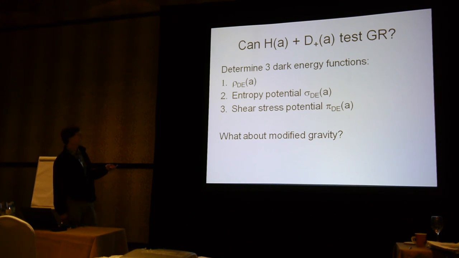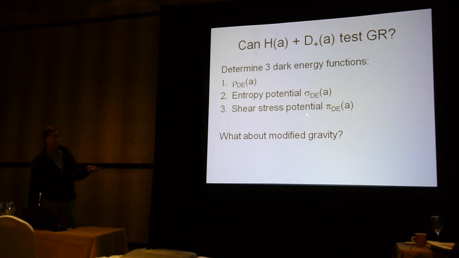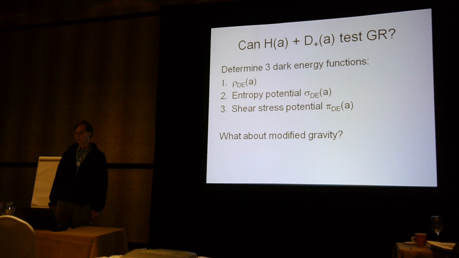The number of functions that we can measure in general relativity are, first of all, the dark energy composition. So implicit in this is the equation of state for dark energy. But then, as I just remarked, the dark energy might be exotic and have these further properties. So we have three functions, only two measurements.